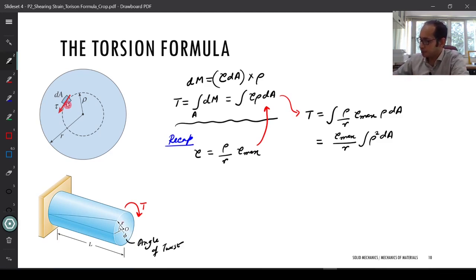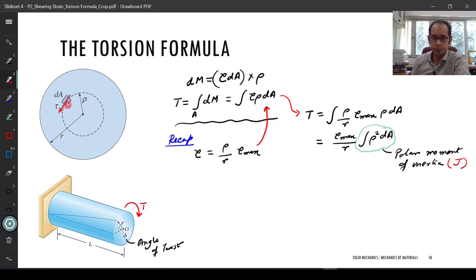So this expression that we just derived over here is the polar moment of inertia, usually represented by the symbol J. So if I have to further simplify this, it now becomes tau max times J divided by R over here, right?